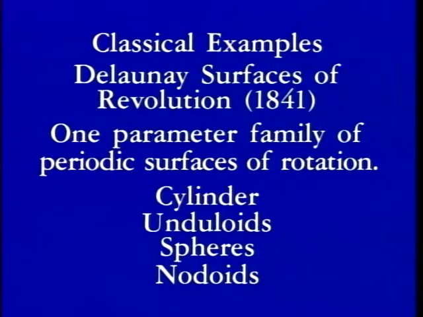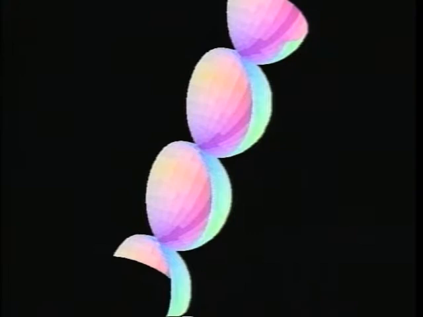And we're going to see this in an animation that shows sections of the Delaunay surfaces of revolution with constant non-zero mean curvature. Here we see half of a Delaunay surface of revolution slightly perturbed from a cylinder. Now we're going to start the animation and watch it deform through embedded surfaces until we stop it just at the point where it becomes singular.